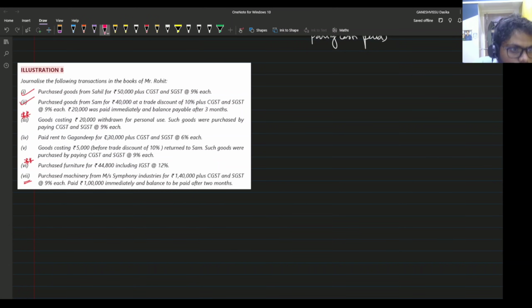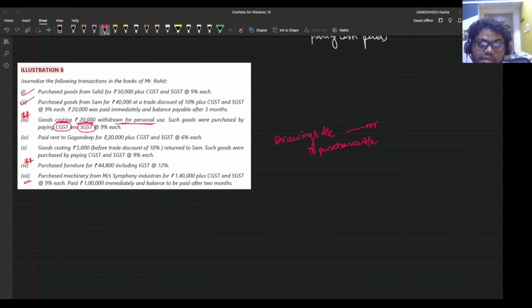What happened? Goods costing rupees 20,000 were withdrawn for personal use. What is the entry for withdrawing of goods for personal use? Drawings account debit to purchases account. This is the entry, right? Simply what happens? GST is also paid. See, Rohit is withdrawing the goods for personal use.